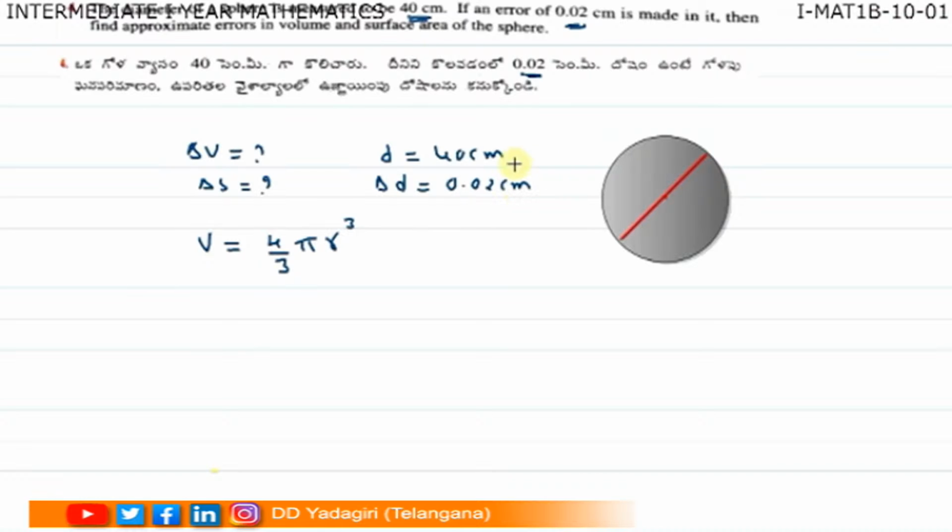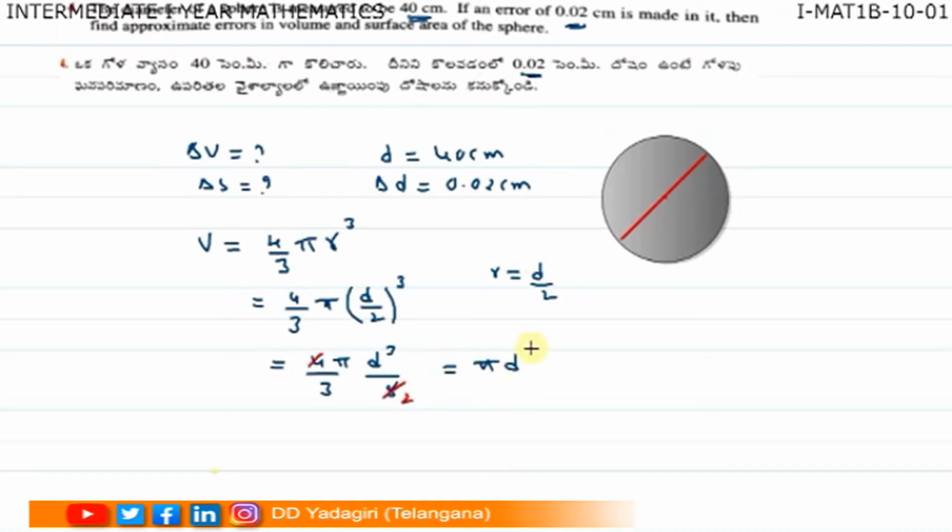Given contents are in terms of D, so reduce the formula also in terms of D. 4 by 3 pi, we know r is equal to d by 2. Substitute this value, d by 2 whole cube. Further on simplification, this is 4 by 3 pi d cube divided by 8. Here 4 ones are 4, 4 twos are 8, so finally you will get pi d cube by 6.